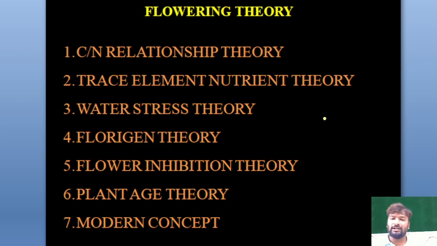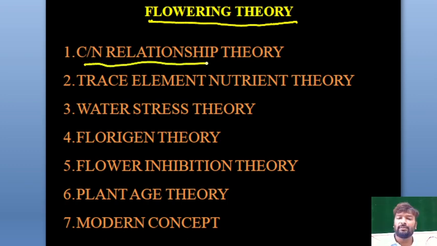So let's start our lecture with the flowering theories. There are a number of theories which have been proposed for the flowering process. The first theory is the C/N relationship theory, the carbon nitrogen relationship theory.